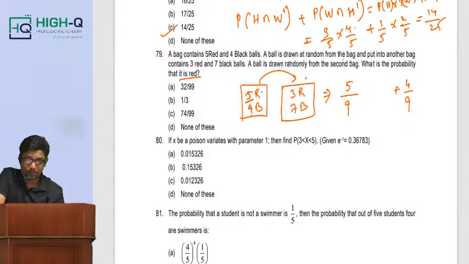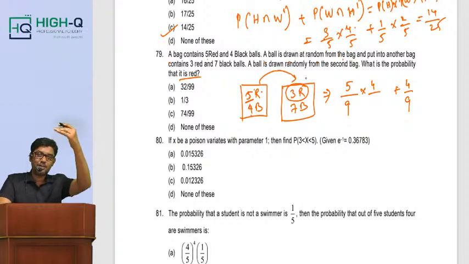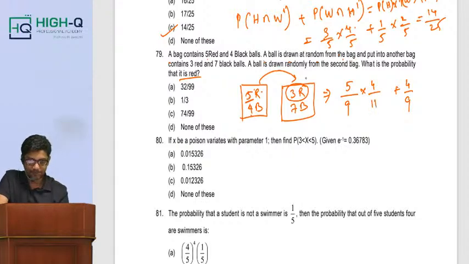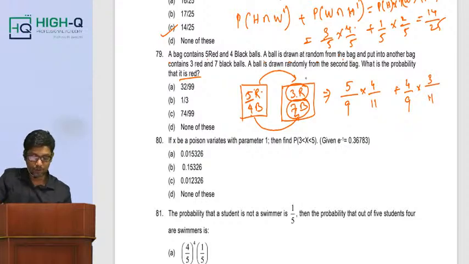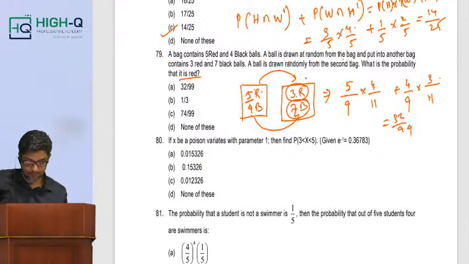Once you transfer the red ball, the number of red ball increases to what, my dear? 4, divided by, so of course number of red ball increases to 4 means total number of balls increases to 11. Same way, black ball transferred, number of black ball increases to 8, but there is no change in red ball, so which is 3 by 11. So what exactly? 20 plus 12, 32 by 99.